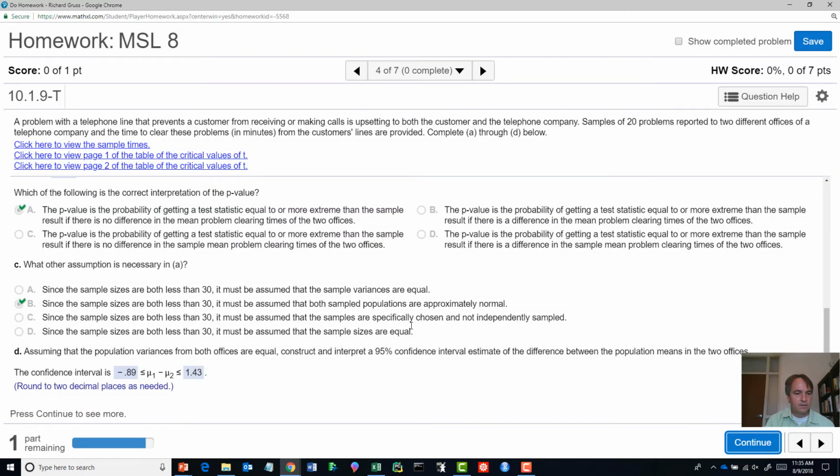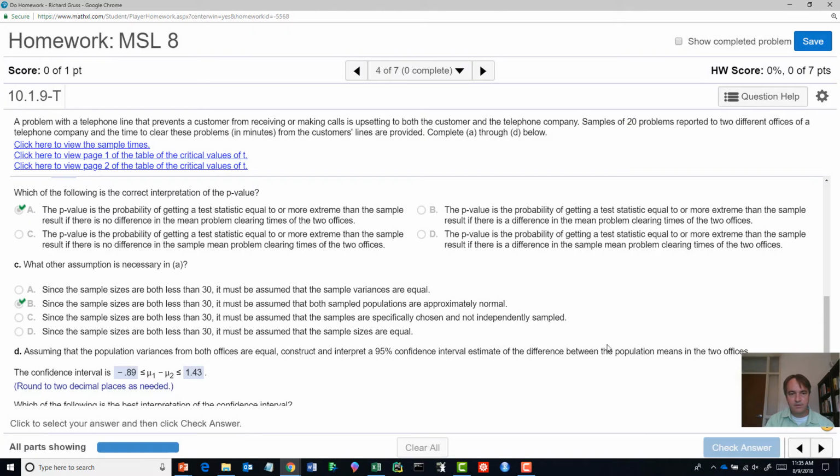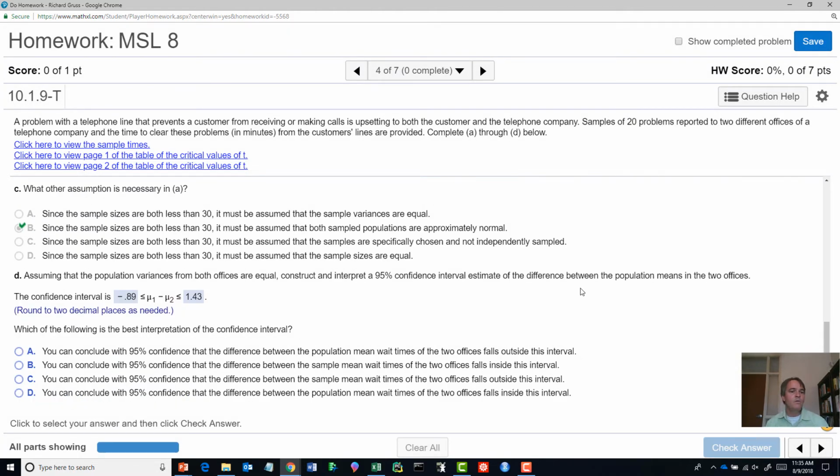So we press continue. Which of the following is the best interpretation of the confidence interval? The confidence interval means you're 95% confident that the true difference in the population means is going to fall inside the interval. You see how these vary according to whether they say outside or inside.